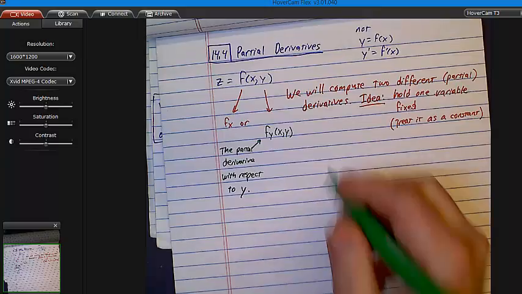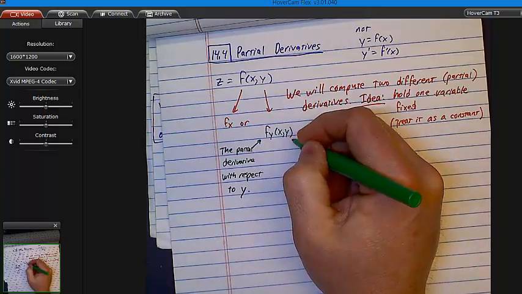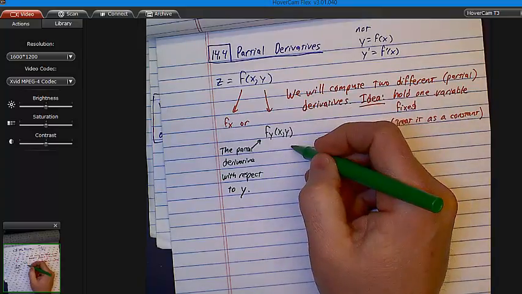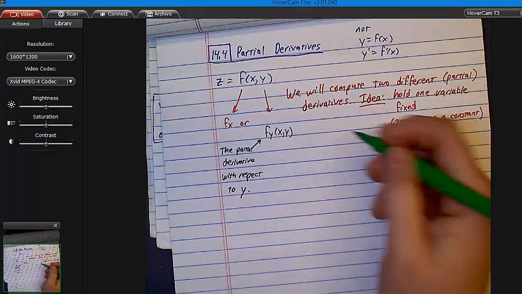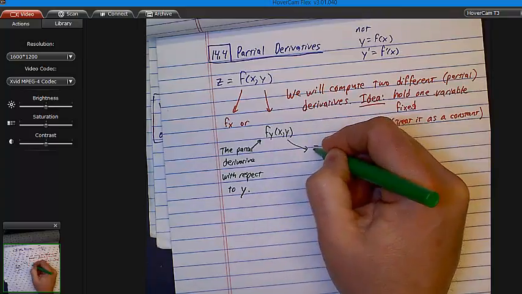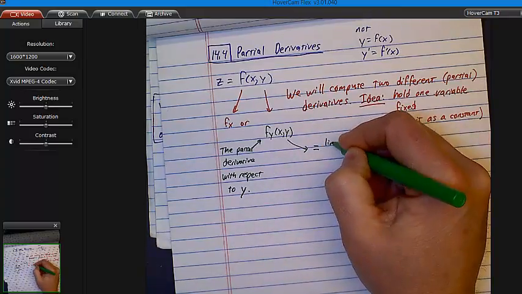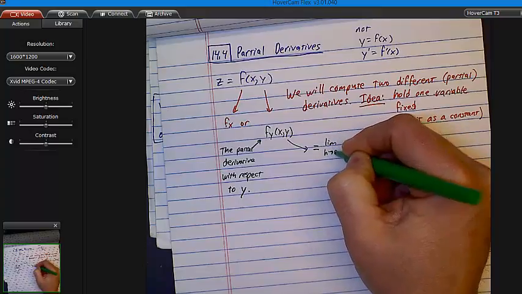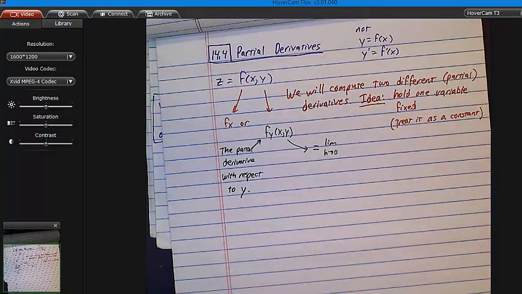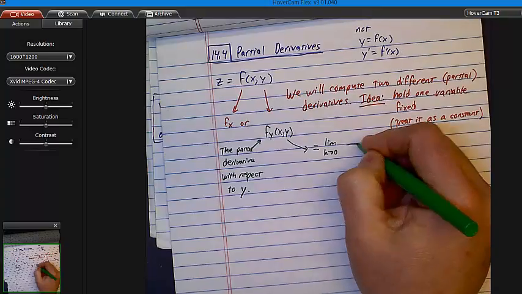Okay? And so, how do you define this? This equals the limit as h approaches 0 of what?